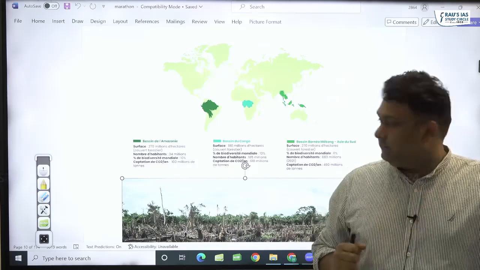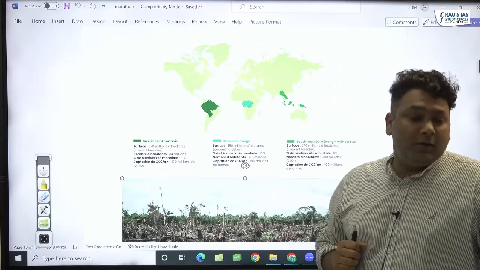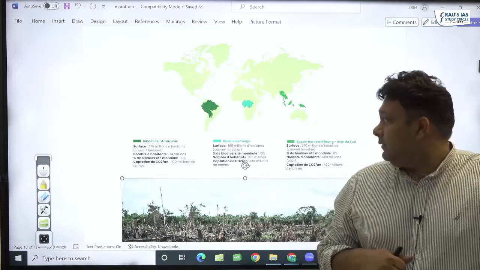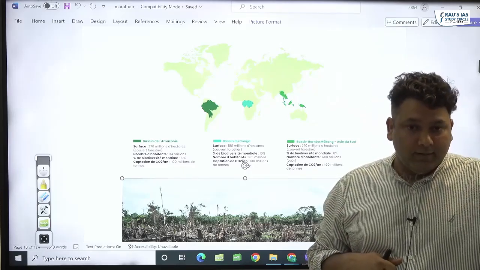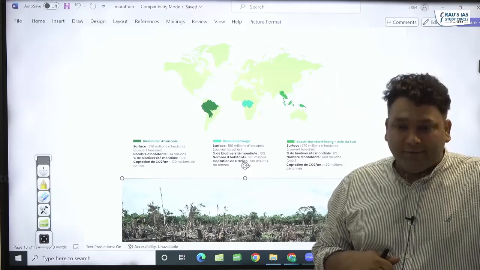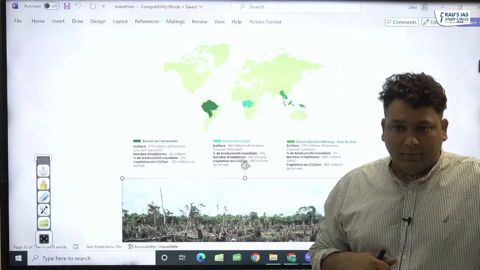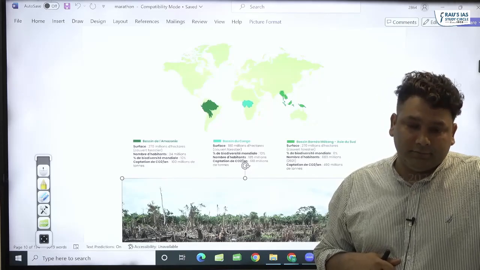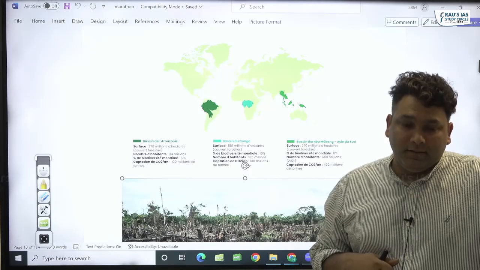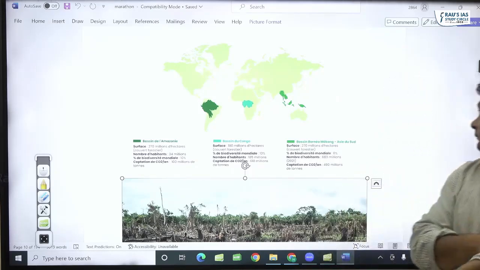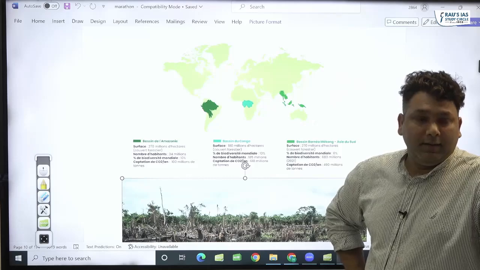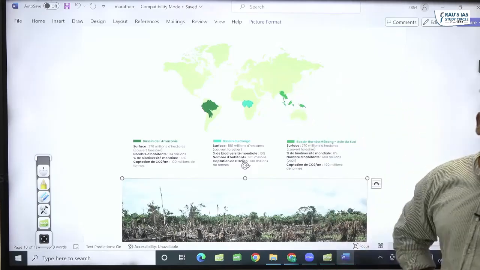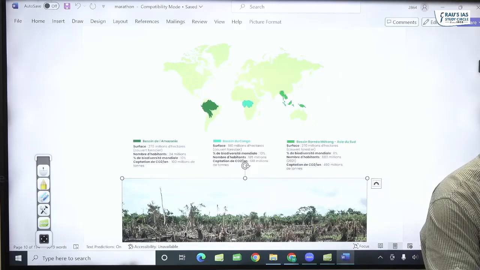It will not just protect the cuvette centrale, but also the tropical peatlands of the equatorial Amazon and equatorial Southeast Asia.